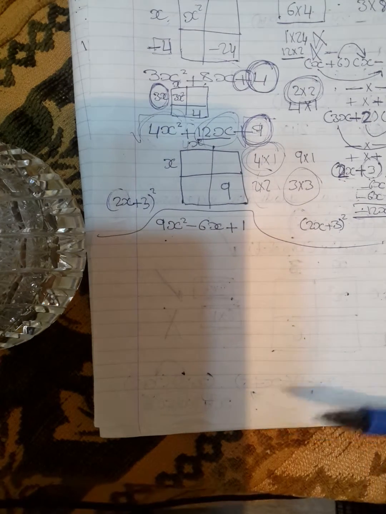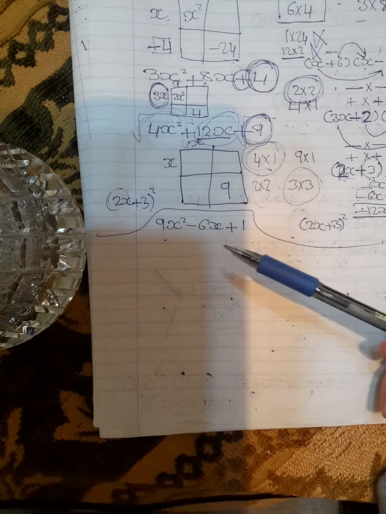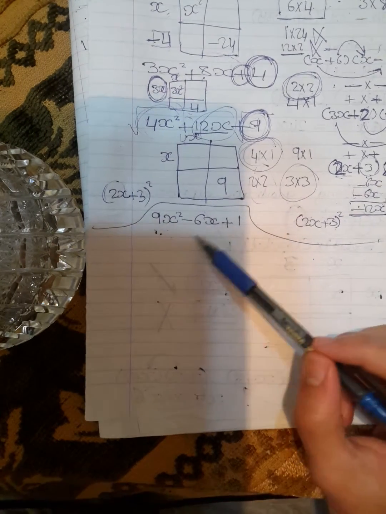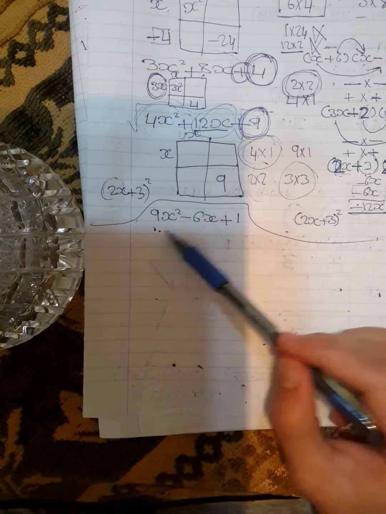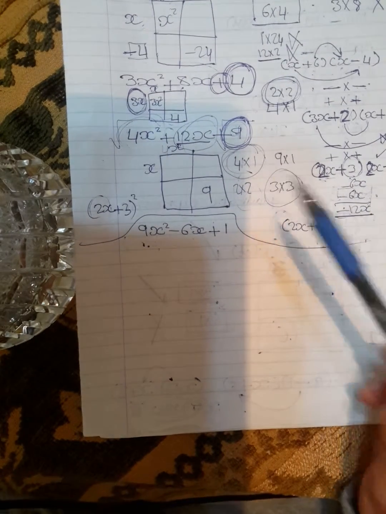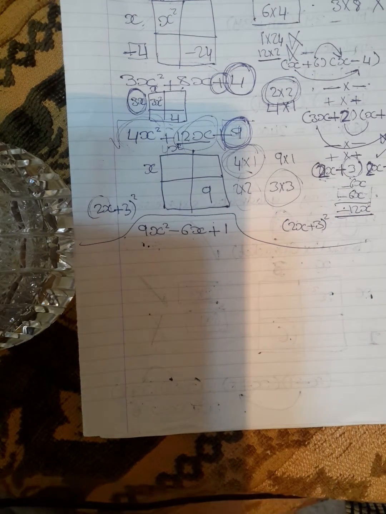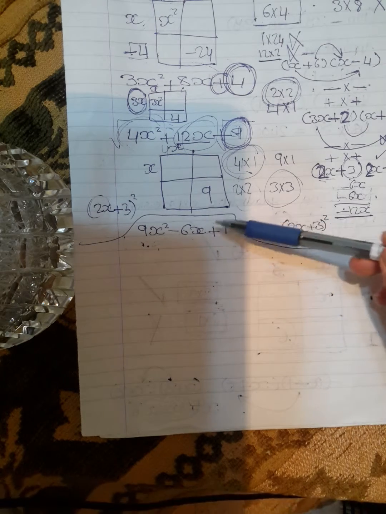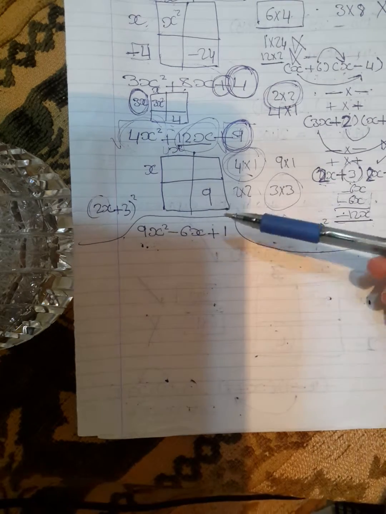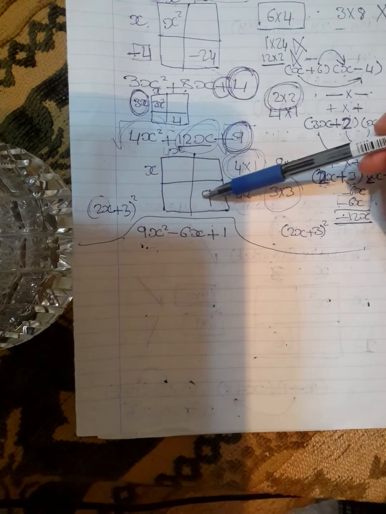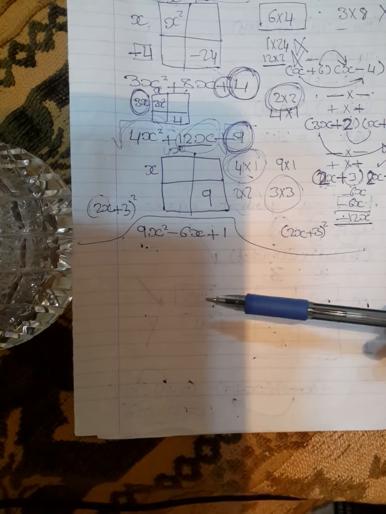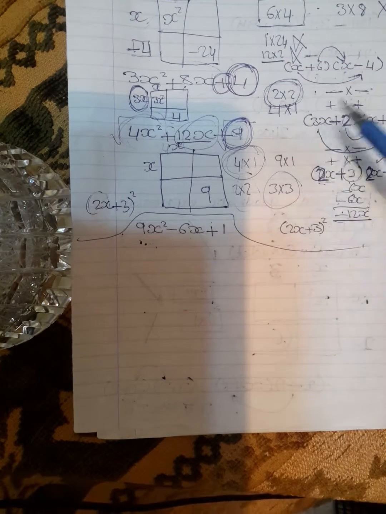Then I will check if it is a difference between 2 squares. There are 3 terms, not 2 terms, so this is not a difference between 2 squares. So I will check if this is an expansion of a power 2 bracket. Then I will use the table way if the expansion of a bracket power of 2 didn't work.